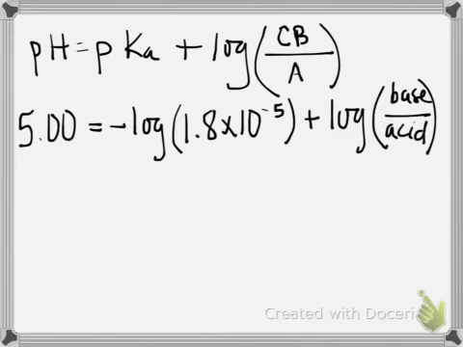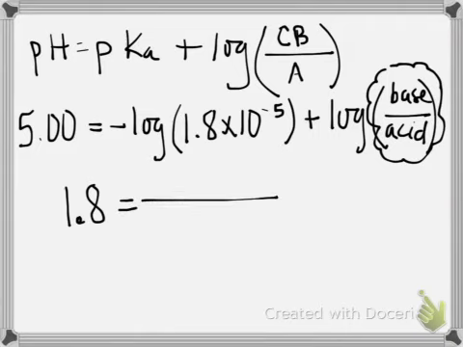Okay? All right. The first thing I'm going to do is rearrange this, and I'm just going to solve out for this ratio. So feel free to pause it for a minute, solve for that ratio. What we get for that ratio is 1.8. So 1.8 equals the concentration of the base over the concentration of the acid.